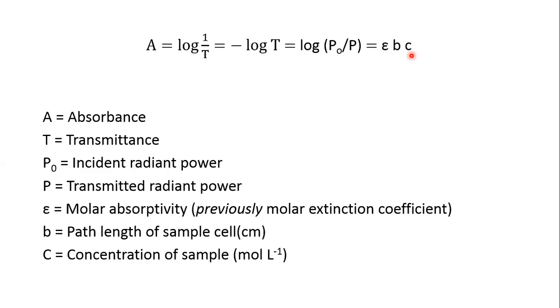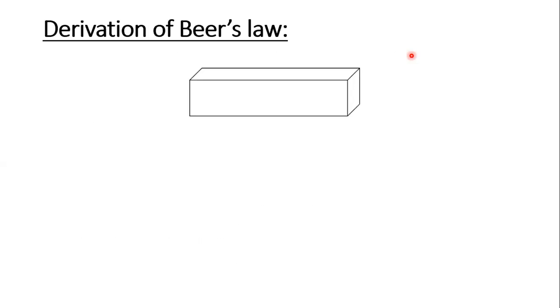Now let's derive Beer's law. Consider a block of an absorbing medium with a path length of b centimeter, containing n absorbing particles.